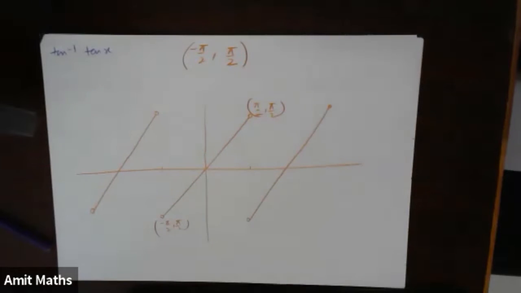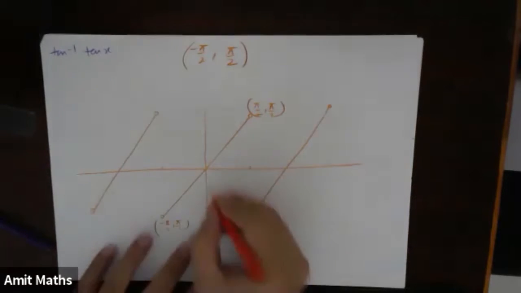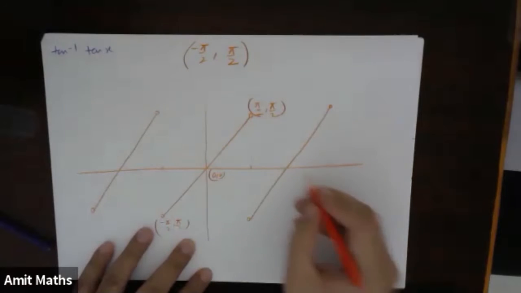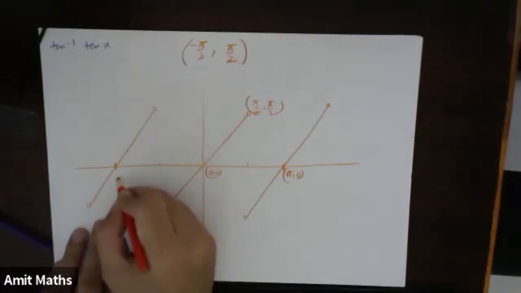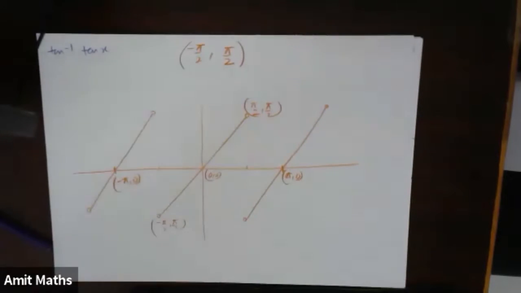Understood this one? Everyone understood? So this is point (0, 0), and this point will be (pi, 0), and so on. This point will be (minus pi, 0), and so on. Just check this graph also.